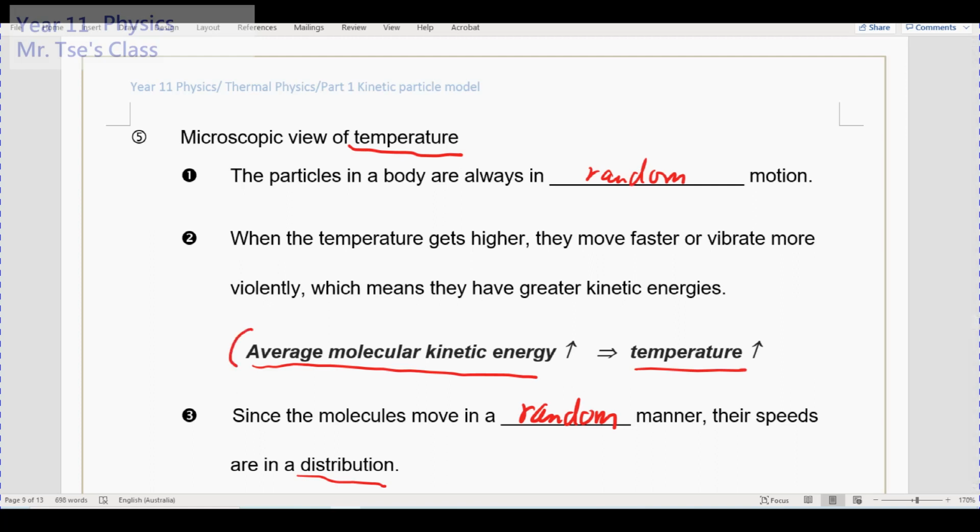You must add the word average, because all molecules move randomly, so they will have different kinetic energies. Your temperature is not going to measure the molecular KE of each particle. You can only measure the average outcome of all those molecules as a whole.